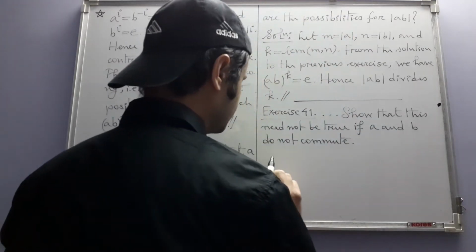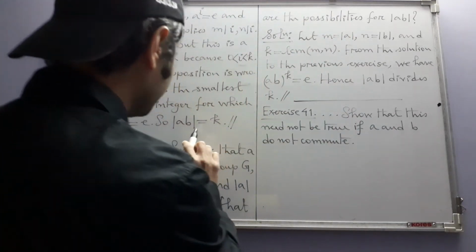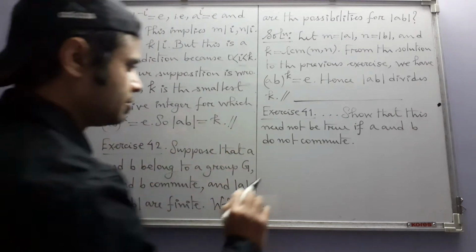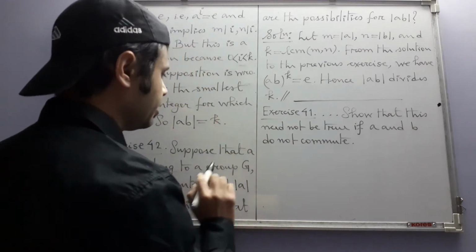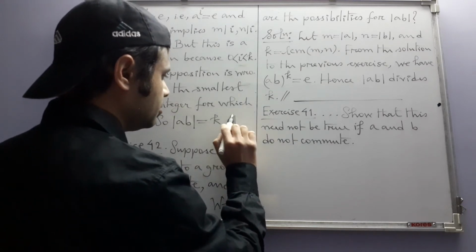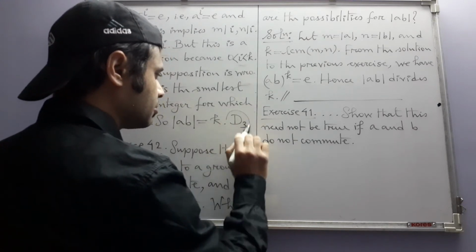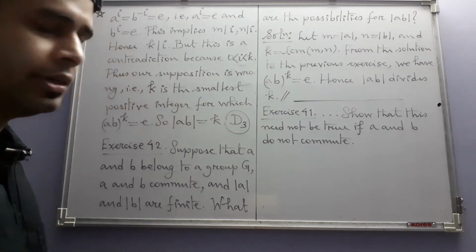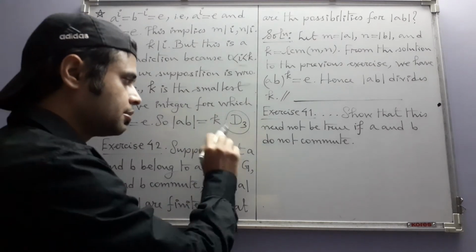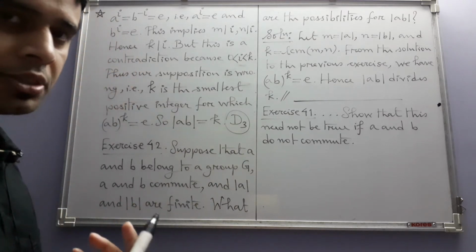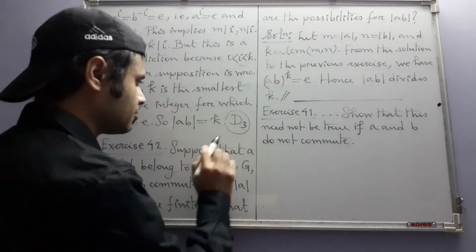For this, what you do in the solution after you get to this stage, I'm not going to do it entirely. You look in the dihedral group D3. Since this group has only 6 elements, it's a small group.